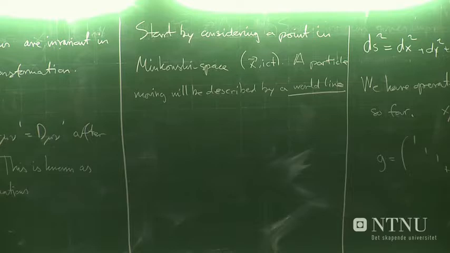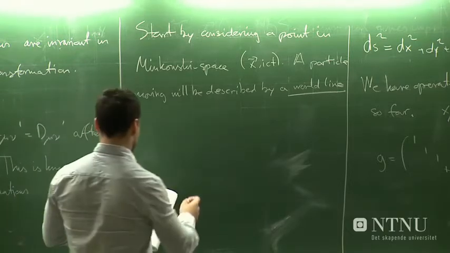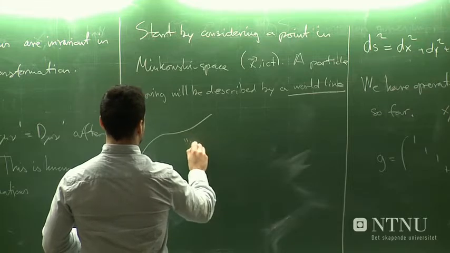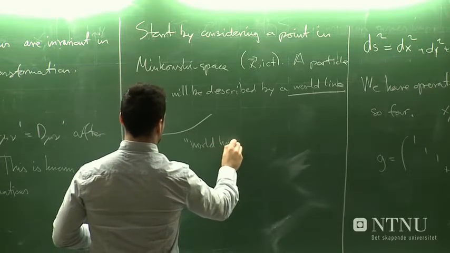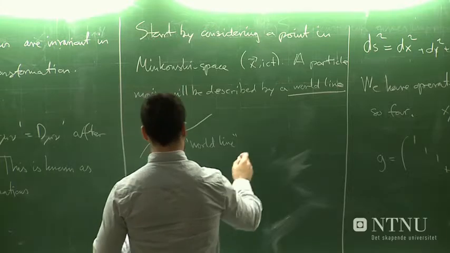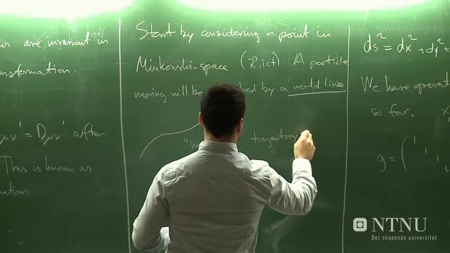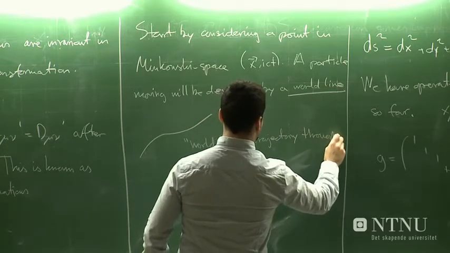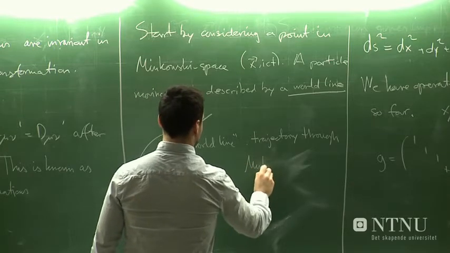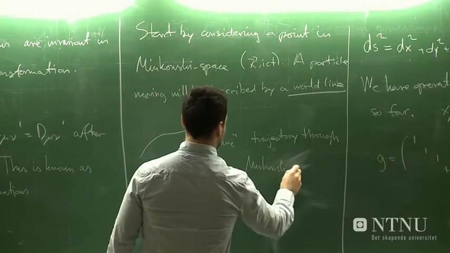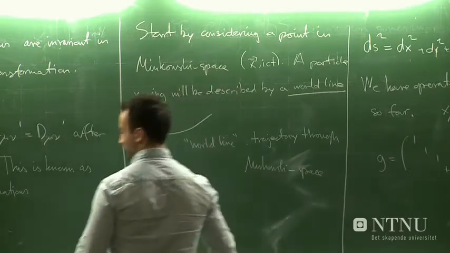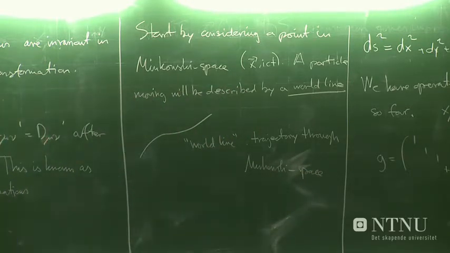Now, a particle moving through Minkowski space has a trajectory which is known as a world line. So think of the world line as some trajectory through this four-dimensional Minkowski space.